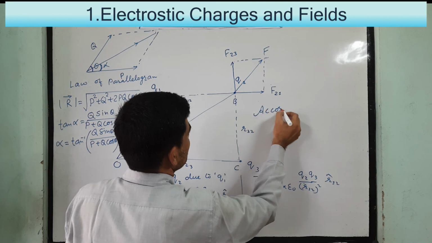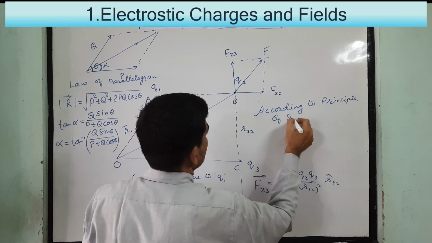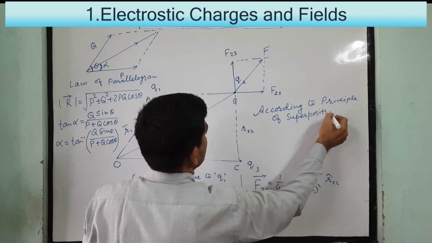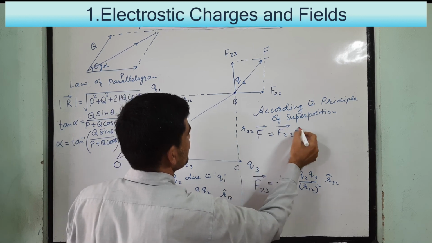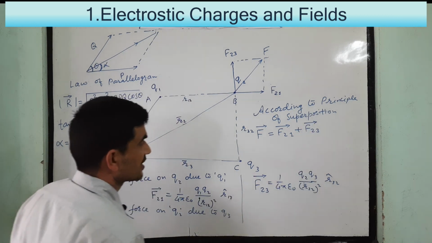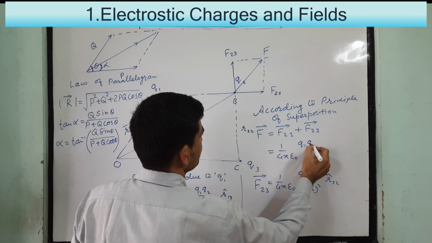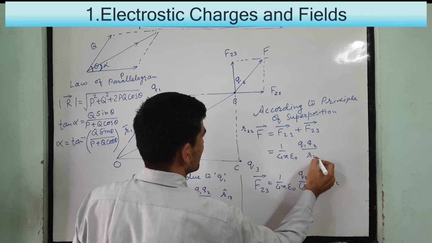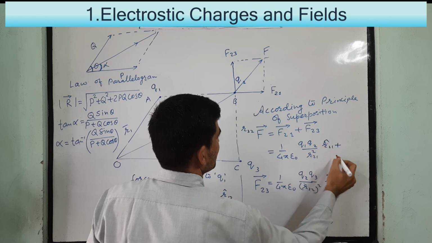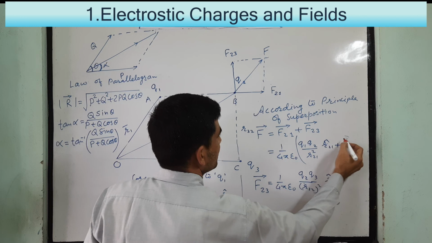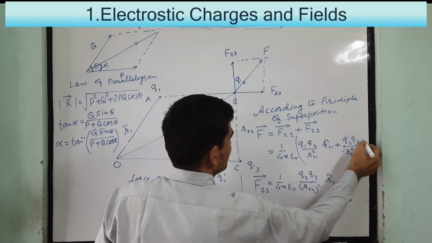According to the principle of superposition, the force on charge q2, F, will be the vector sum of all the forces acting on it. So we can write 1 upon 4 pi epsilon naught, taking it common, q1 q2 divided by r21 square times the r21 vector, plus q2 q3 divided by r32 square times the r32 vector.